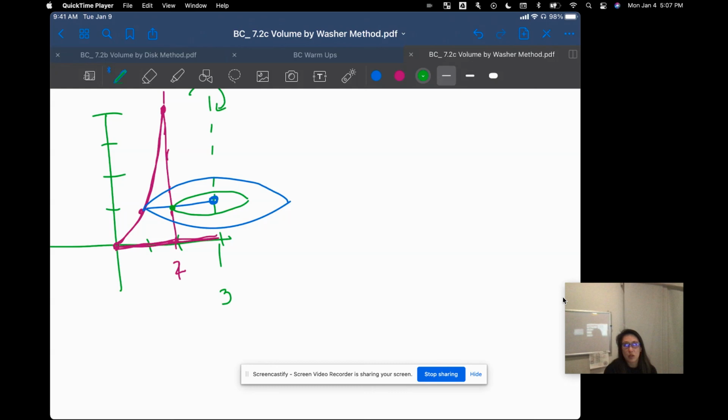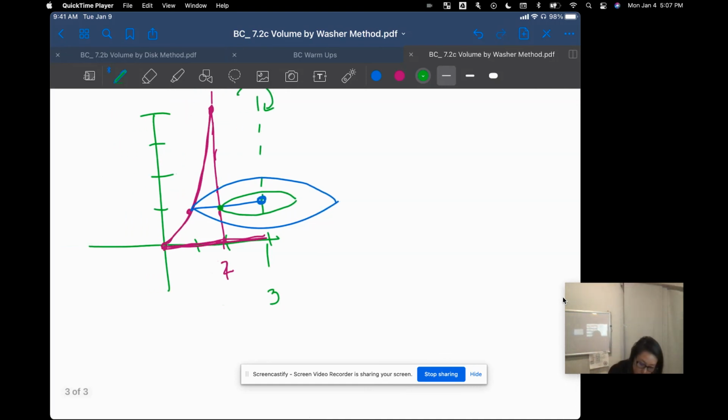So basically the curve that's closer to the axis of rotation, that's going to have to do with your little r. Okay, so erasing. From the axis of rotation to your outer curve, that's big R. And then from the axis of rotation to the inside curve, that's little r.